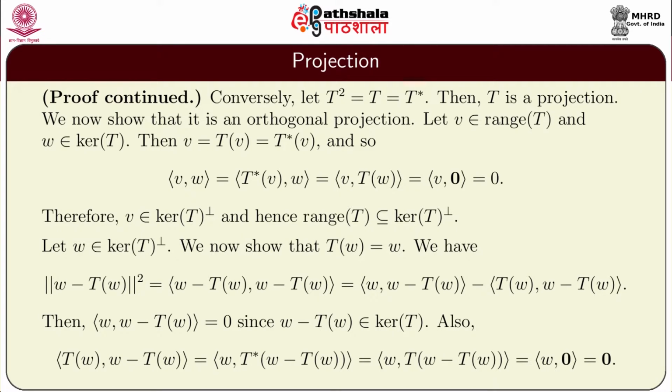So, let us start with a vector v in range of T and a vector w in kernel of T. Then v is equal to Tv is equal to T star v, and therefore, the inner product of v and w is inner product T star v, w, that is inner product v, Tw, and that is inner product v, the 0 vector, therefore, it is 0. This therefore shows that the vector v belongs to kernel T perp, and hence range of T is contained in kernel T perp.